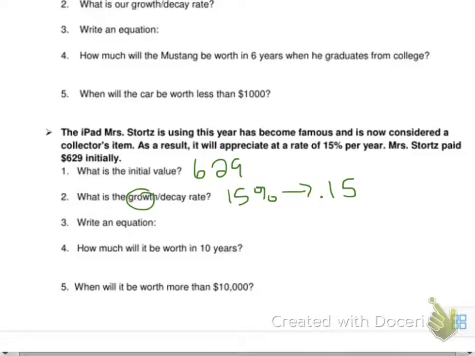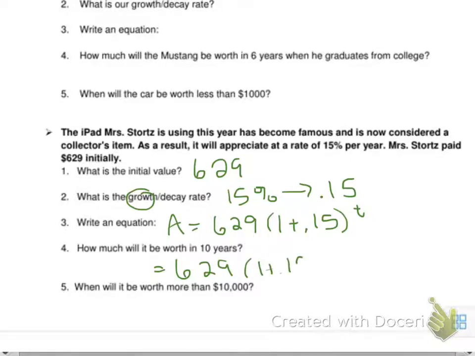So my equation would be A equals 6.29 times 1 plus 0.15, because it's growing, to the t power. So how much would it be worth in 10 years? Where would I put the 10? As t. So you would just solve that in your calculator.